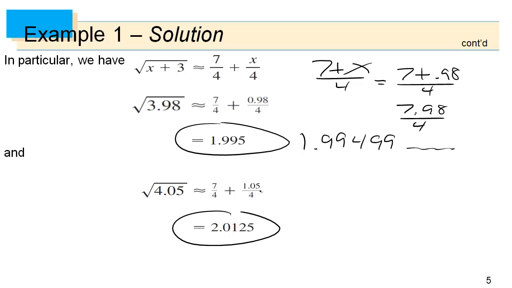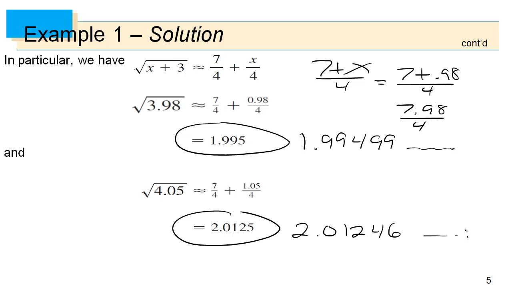And then of course if you want to do the square root of 4.05, you get 2.01246 blah blah blah, which also rounds quite nicely to 2.0125.